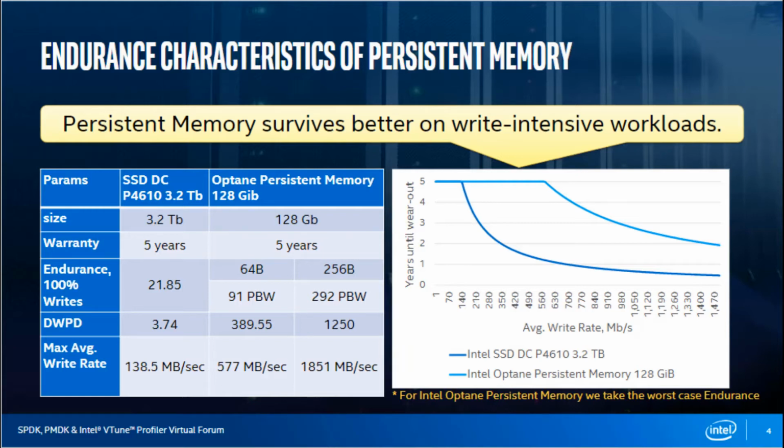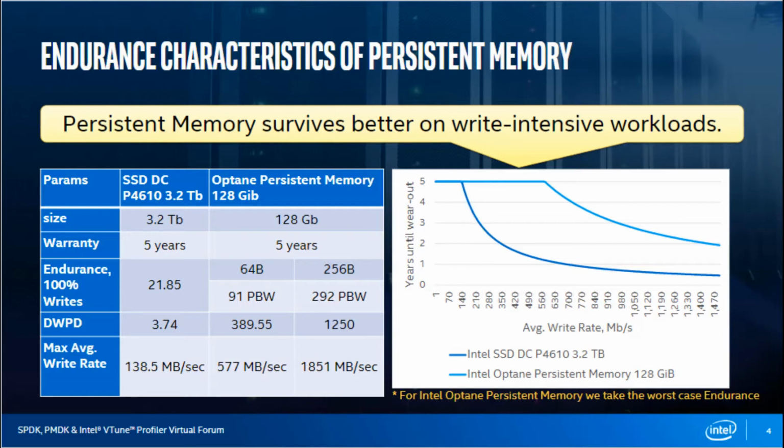What does it mean for us? It means that write-intensive workloads can benefit from persistent memory because, for example, we can save money: when a storage device wears out, we need to replace it with a new one, and we need to spend money for this.